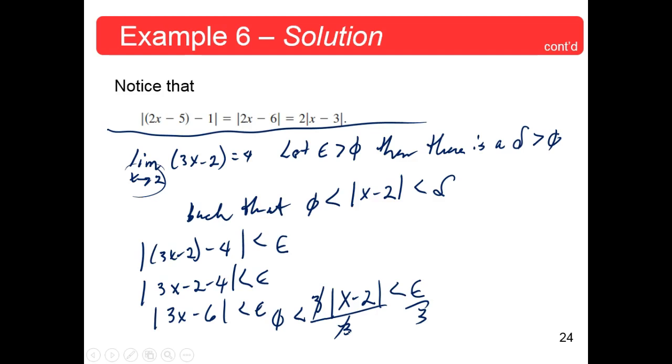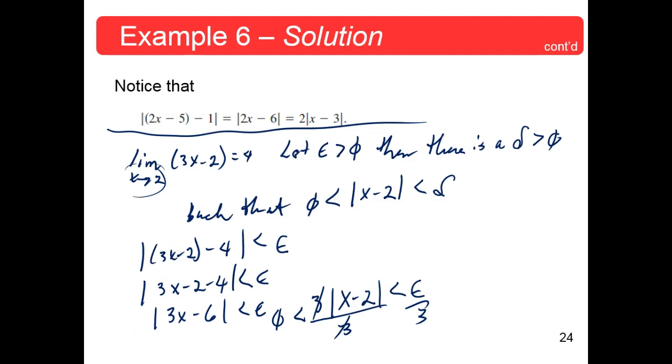For any epsilon you choose, as tiny as you want it to be, 1/10,000,000th. If you want epsilon that small, and you want to guarantee that this function is within that distance of 4, all you have to do is take a third of that 1/10,000,000th, and that delta will work for you every time. That's the formal definition.